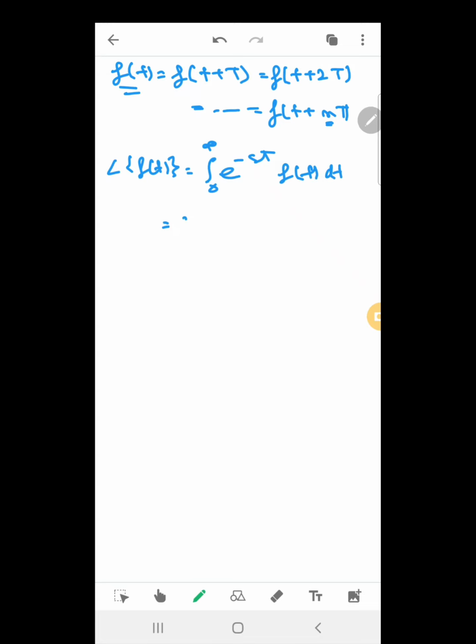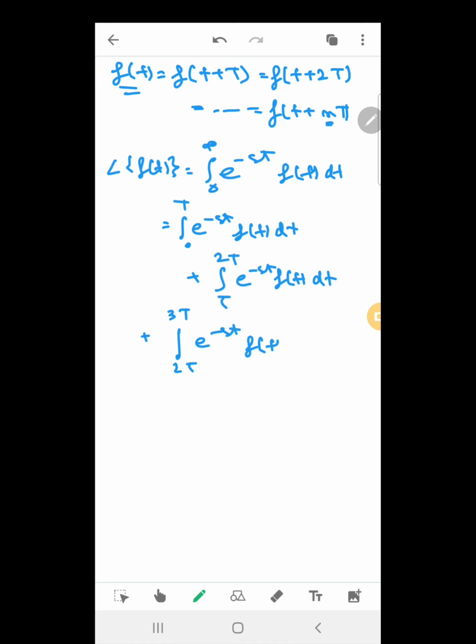Now we can write this as integration 0 to capital T e to the power minus st f of t dt, plus capital T to 2T e to the power minus st f of t dt, plus integration 2T to 3 capital T e to the power minus st f of t dt, and so on till n minus 1 times capital T to n capital T. We can separate the integration into these portions.